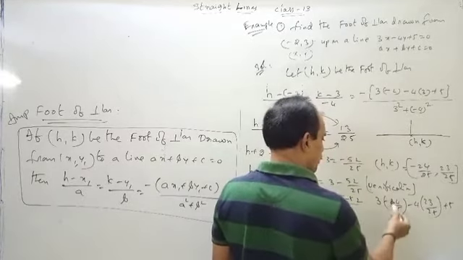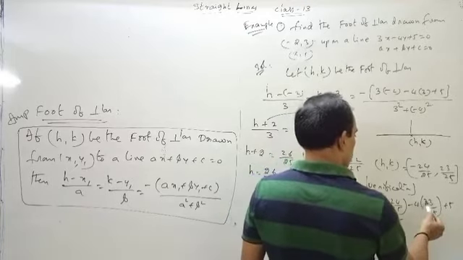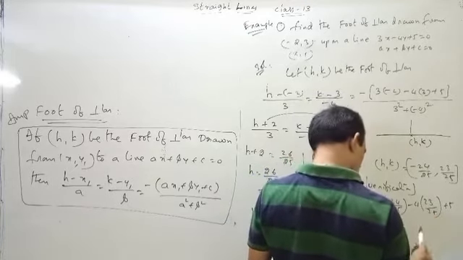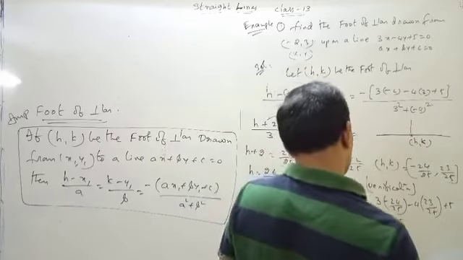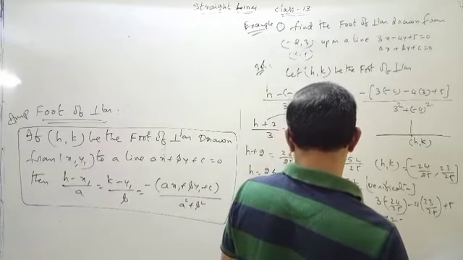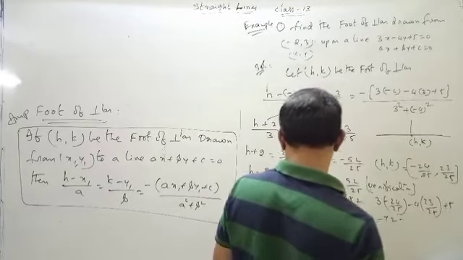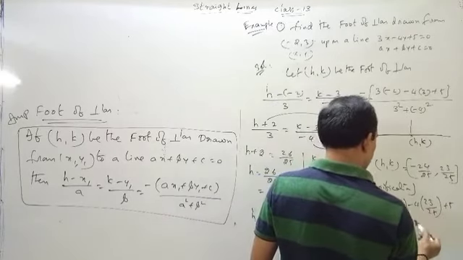That is 25 minus 72 minus 80 plus 12. What about this one? 80 plus 12, 92.